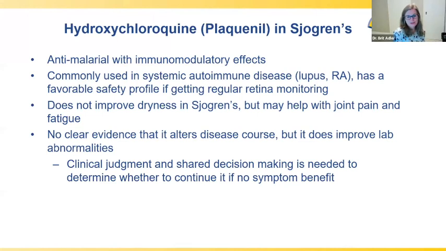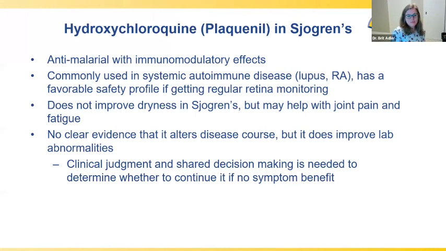So we have a low threshold to try it in Sjögren's, and it's pretty safe. The main toxicity is that it can affect your retina after long-term use, so patients need to get regular eye exams while on Plaquenil. We have some randomized controlled trials showing that it does not improve dryness in Sjögren's, but it may help when there's joint pain, and it also may help with fatigue.